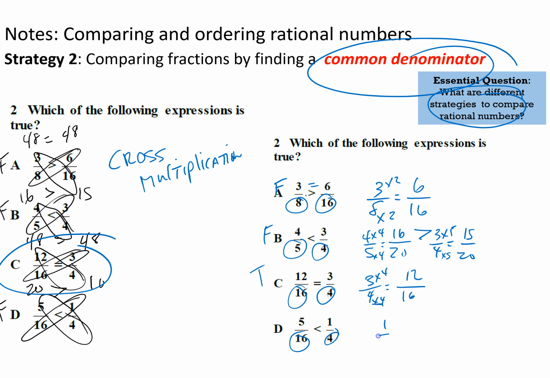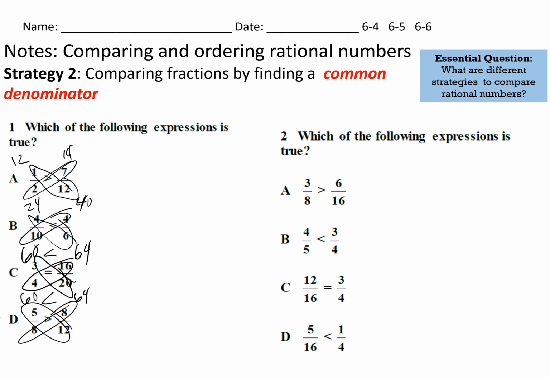I'm going to check one more. 1/4. 4 is a factor of 16, so I'm going to convert to an equivalent fraction with the denominator of 16. Times 4, times 4. 1/4 is equal to 4/16, which is actually less than 5/16. So this one is false. They give me the same answers, just a different way. It just depends on the numbers and what you feel most comfortable with.